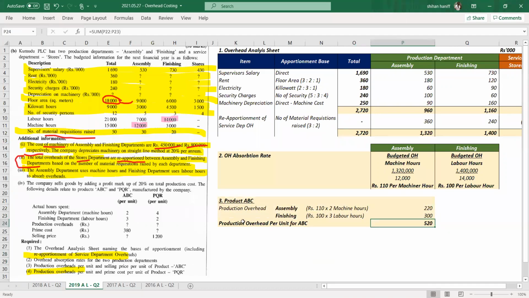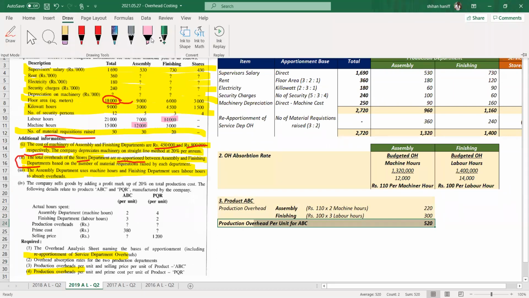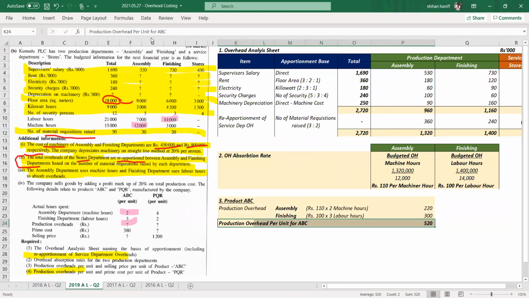Total 500. This is the overhead cost. Overhead absorption: here we put the assembly department machine hours, and the finishing department labor hours, for ABC.